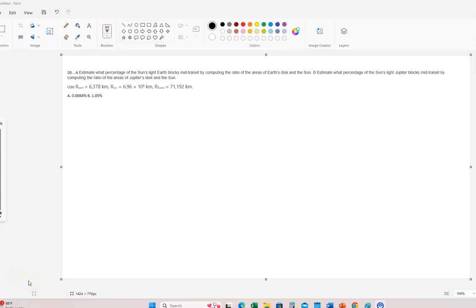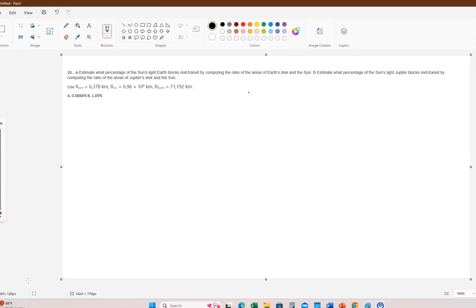So here's number 20. The basic idea here is that all we have to do is take the ratio of the area of the Earth to the area of the Sun. All right, so that's part A, and then part B, it's the same thing, but it's the area of Jupiter to the area of the Sun.